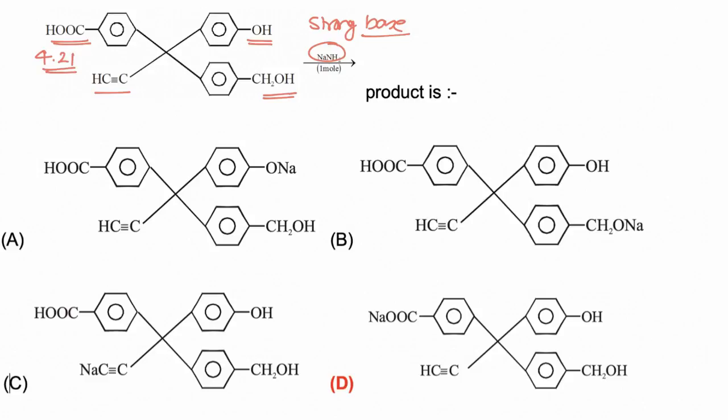Second, phenol has a pKa value of approximately 10. Now alcohol pKa value is 16 and alkyne pKa value is 25. So the COOH group is most acidic, and hence COOH will be converted to salt, while other groups will remain as such, and hence the correct answer is D, in which COOH is converted to COONa while other groups are retained in the molecule.